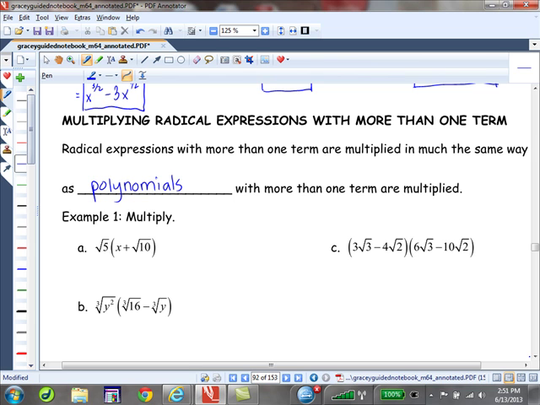So for part A, you are distributing the root 5 to this quantity. So we get root 5 times x plus root 5 times root 10. Well, this will give us x root 5, and then we can make this one happy square root and call this root 50, using that product rule. Now, root 50 is, are there any perfect squares in there? Yes.